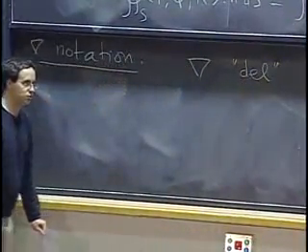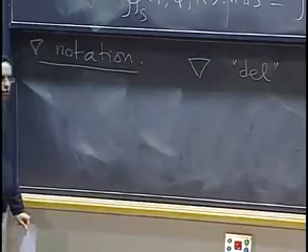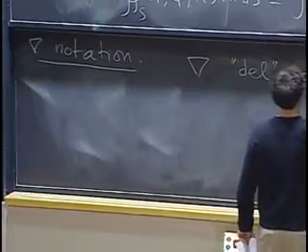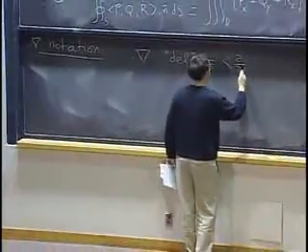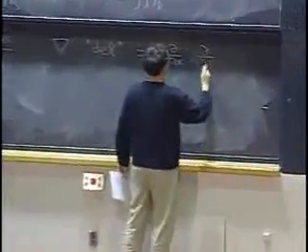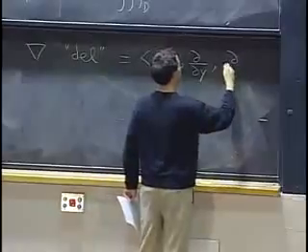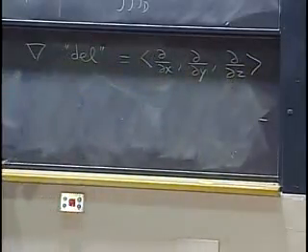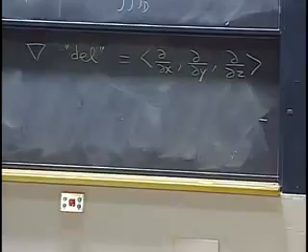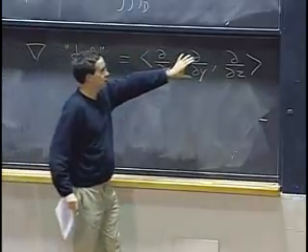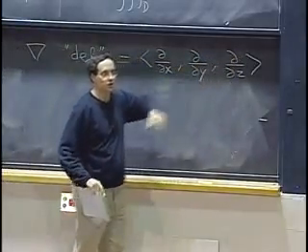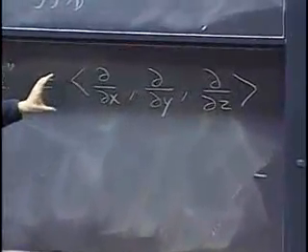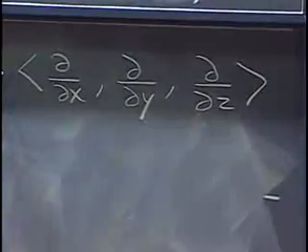It's a symbolic notation for an operator. You're probably going to complain about my putting these into a vector, but let's think of partial with respect to x, with respect to y, and with respect to z as the components of some formal vector. Of course, it's not a real vector. These are just symbols.